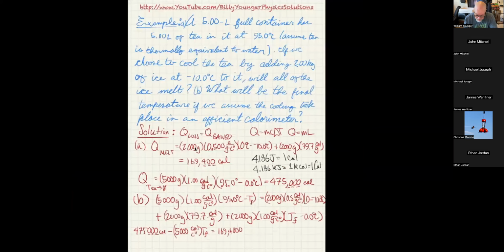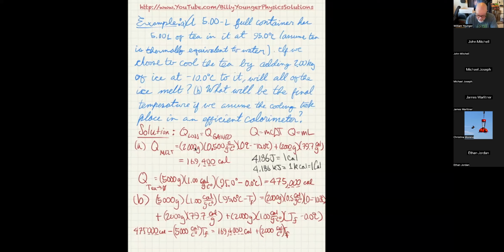So these are all non-sig figs, but that's calorie as well. That's a lowercase c, even though it looks like uppercase C. And then finally, I got this last term, which is 2000 times 1 times TF. So that'd be 2000 calories per C degree TF. Now the other one's just plain zero, so I'm golden.